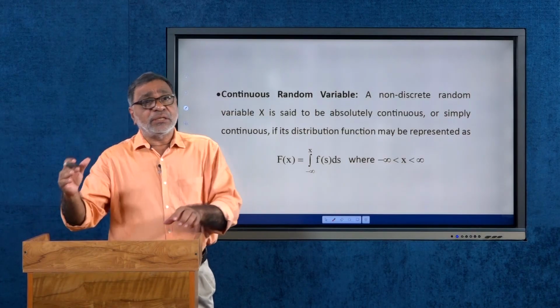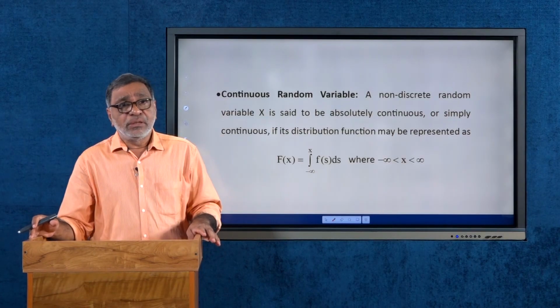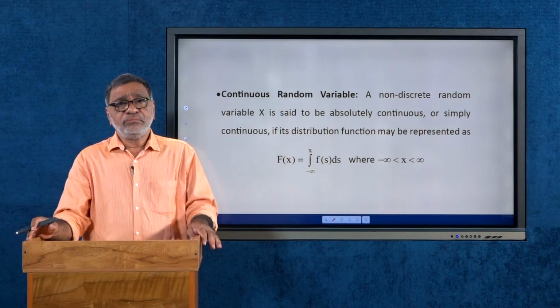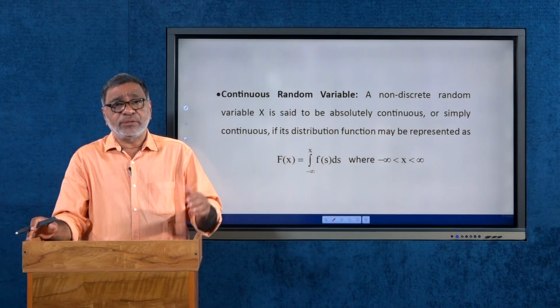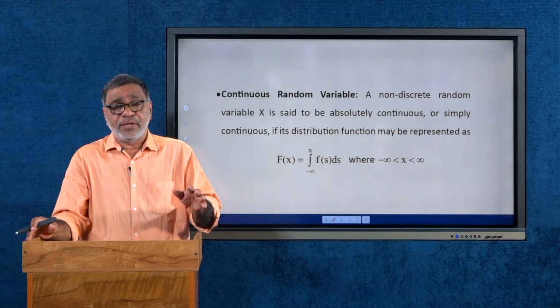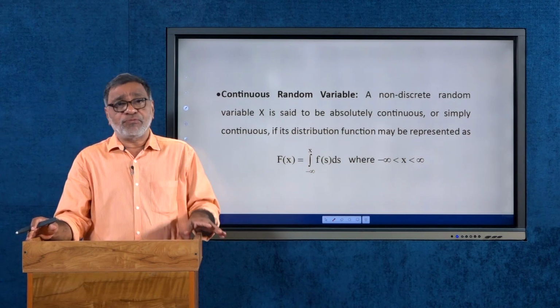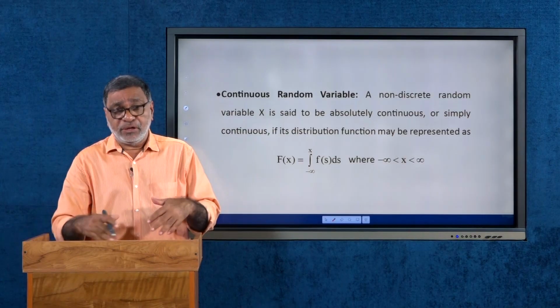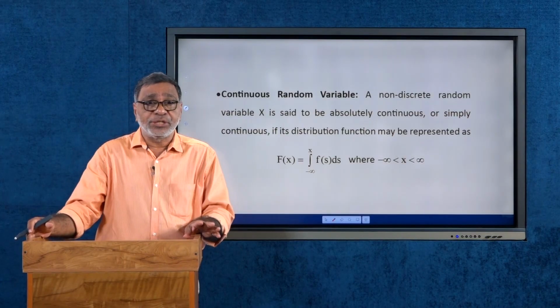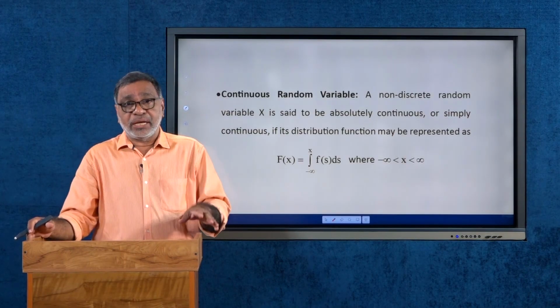And the second category of random variable is the continuous random variable. So, we have defined the discrete random variable as one whose random variable has a finite or infinite countable number of values. Now, we have different situations. There are a lot of situations where this is not the case.